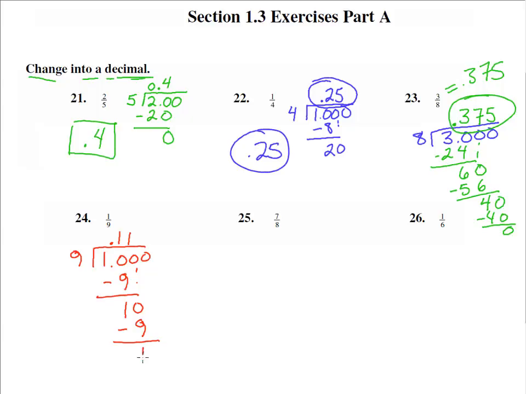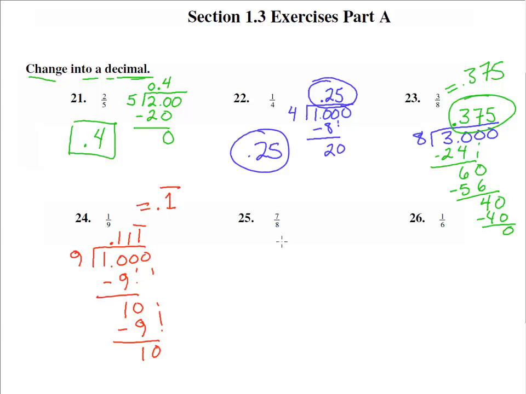And about now you think, I've done this guy before. 9 goes into 10 one time, and yes, it will continue this pattern over and over again, so we put a bar over it. So we can write it as just 0.1 with a bar over the 1. And that just means the 1 repeats forever. And you can put it over the second one or the third one. Either way, whatever the bar is over, it repeats that pattern.